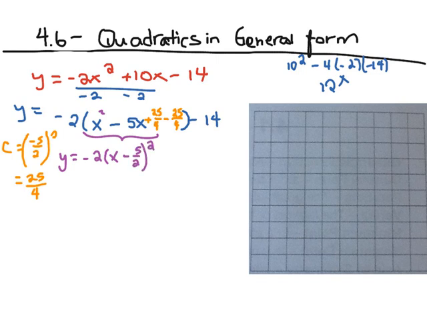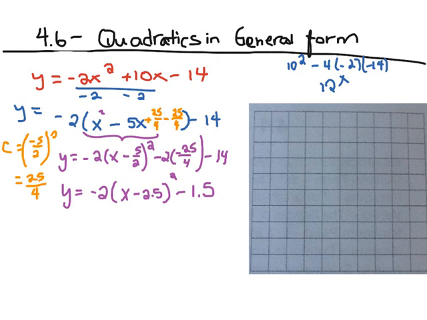And on the outside we have 2 times negative 25 over 4 minus 14. If you simplify this, you get negative 3 over 2, which is negative 1.5. So y equals negative 2 times (x minus 5 divided by 2, which is 2.5) squared minus 1.5.